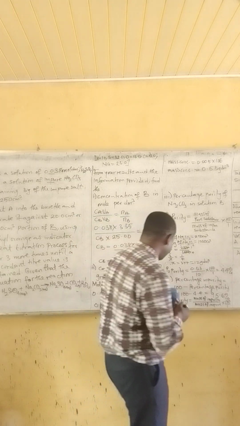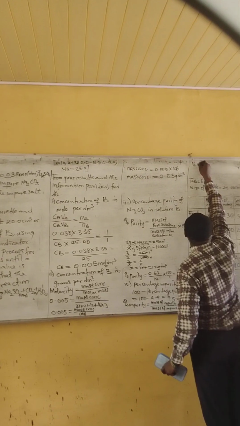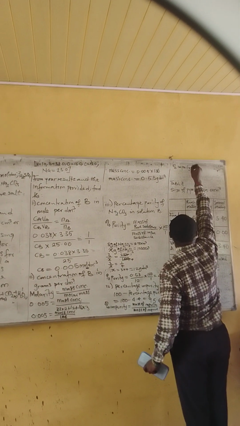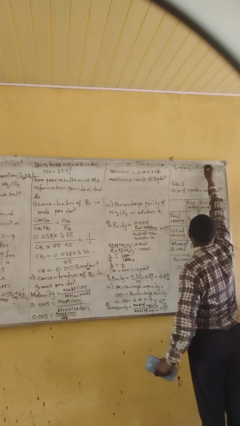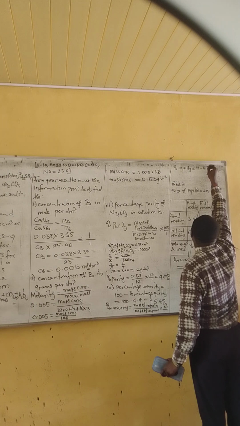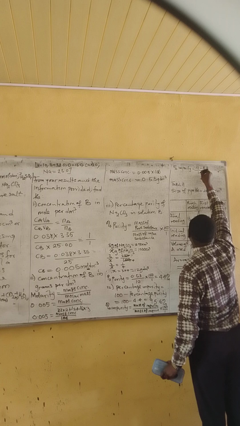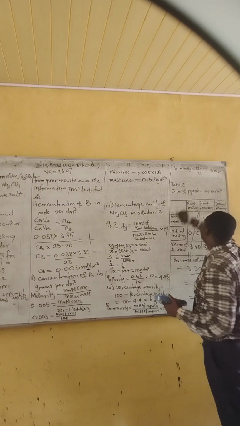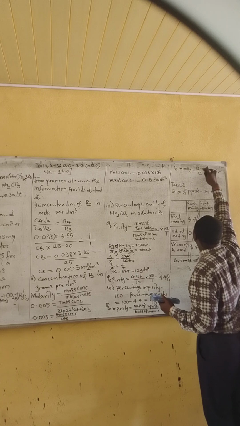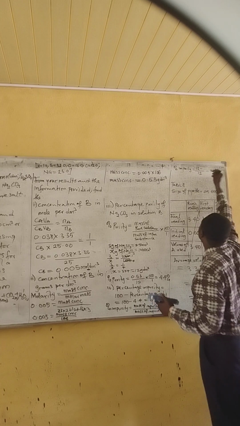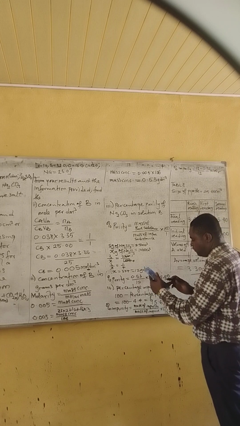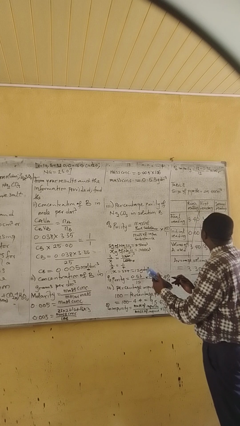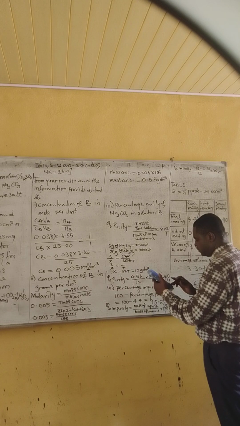Are we there? So we now have percentage impurity will now be 12 grams of impure minus pure over mass of impure, which is 12 grams. The mass of pure is 0.53. So we have 12 minus 0.53.